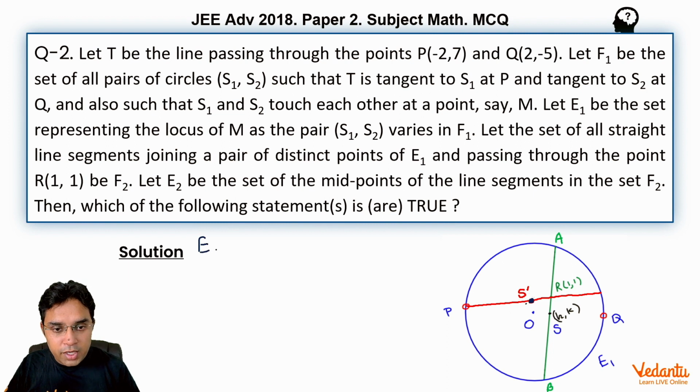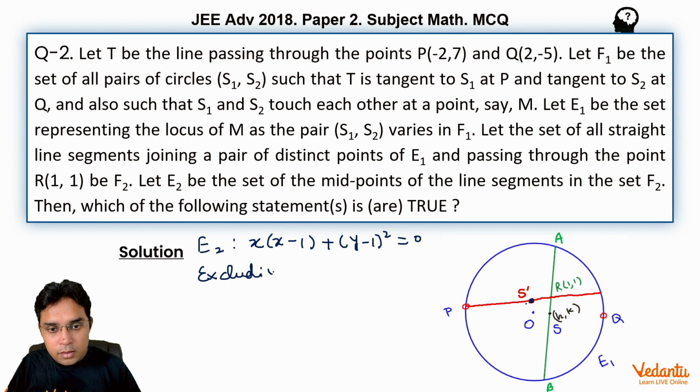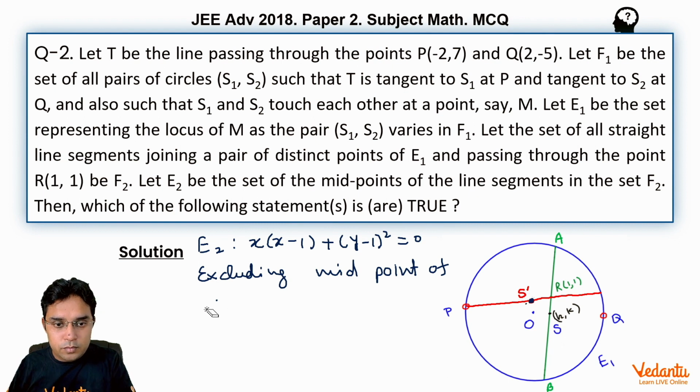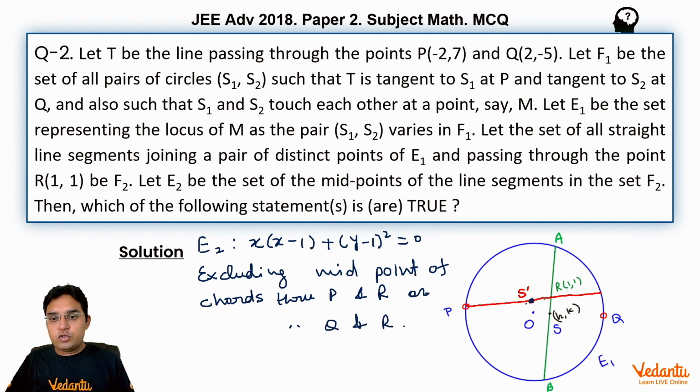So if I write E2, it should be the equation given by 2, which is x into (x minus 1) plus (y minus 1) whole square is equal to 0, but excluding midpoints of chords through P and R or through Q and R. I'm sure that is clear, because P and Q are not there on E1.